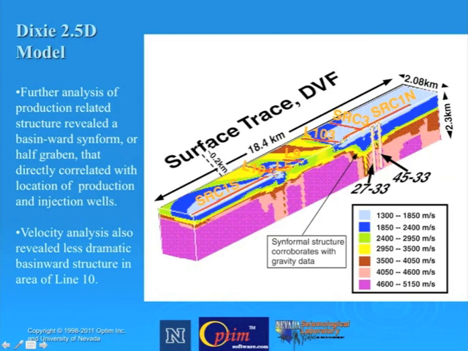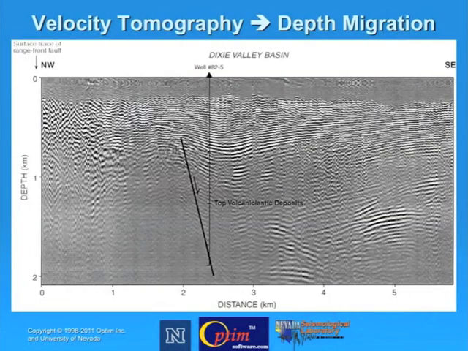The location of those synforms corroborated with gravity data, and also with the locations of production and injection wells. We could see all varieties of these synforms. So here's this cube that shows on this face one of these synforms and the locations of some of the production and injection wells.